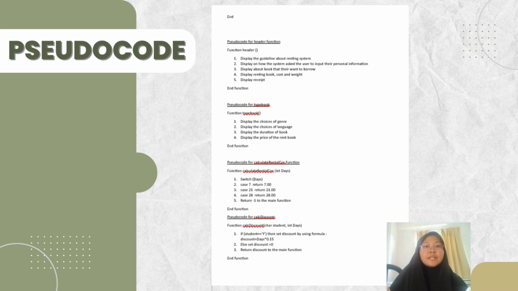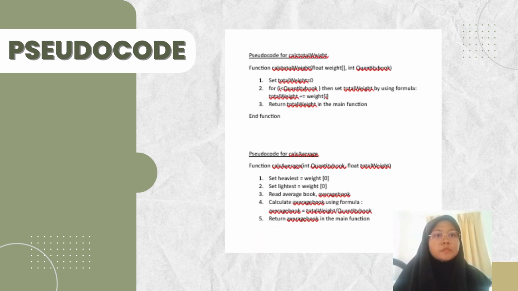For pseudocode for the calc discount function, if student status equals Y, the price will set discount using the formula days multiply 0.15, then return discount to the main function. For pseudocode for calc total weight, set total weight equal 0, for I less than quantity book, then the total weight is set using the formula total weight plus equal weight I. Return total weight to the main function.